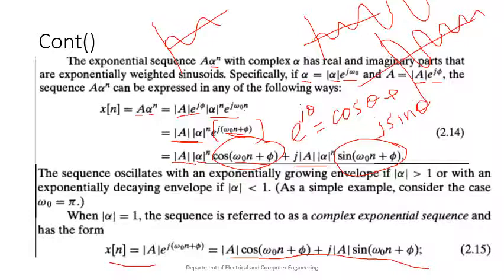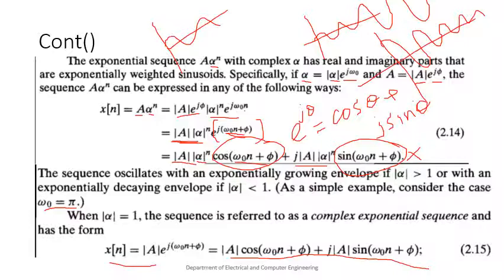Here we have considered the case of omega naught equal to pi. If we put omega naught equal to pi, cos of 180 is 1, so this is going to be 0, because sine of 180 is 0. If we put any value of n, that is 0, 1, 2, 3, it is going to be 0.